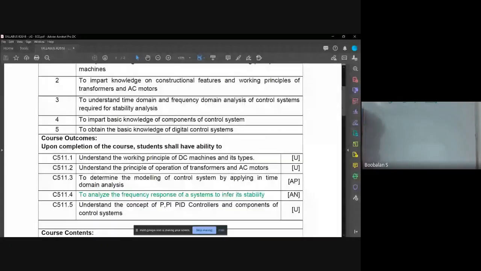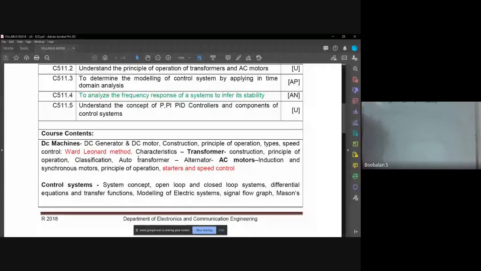I think our syllabus is now visible to you, right? Yes, can you just confirm? Is the syllabus visible? Yes, sir. Yes, we just started.